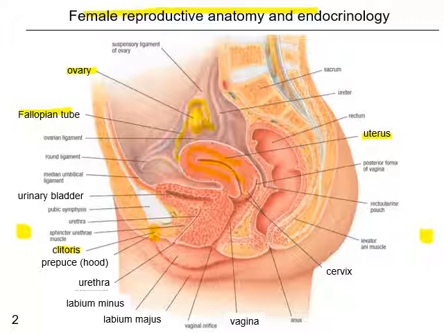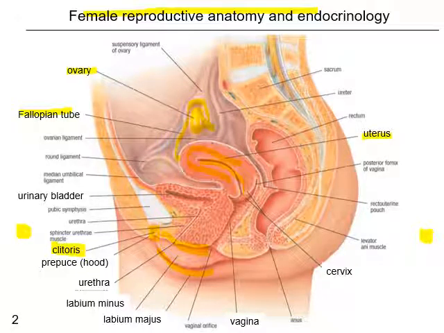There are two wing-like structures of the clitoris that extend into the labia. And so the clitoris is not tiny. It is quite large, but most of it is embedded in the labia that surround the vagina. The clitoris is highly vascularized and highly innervated.